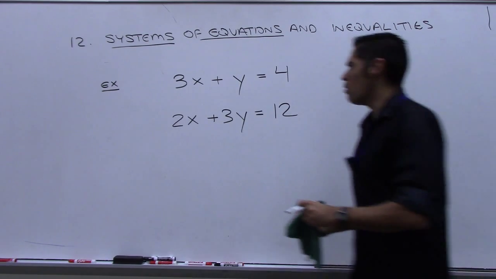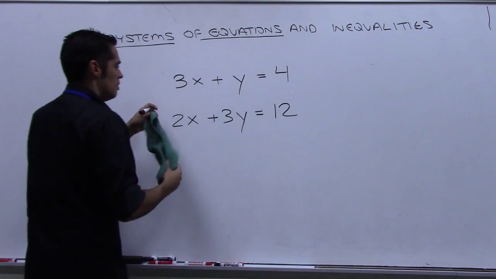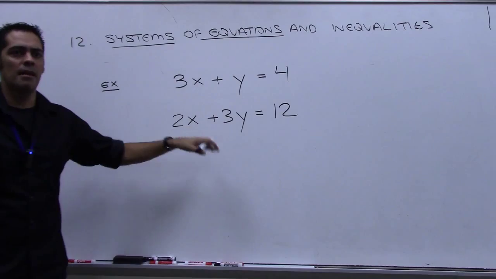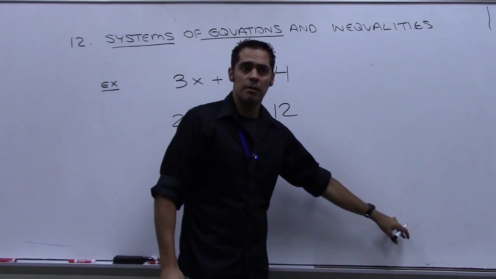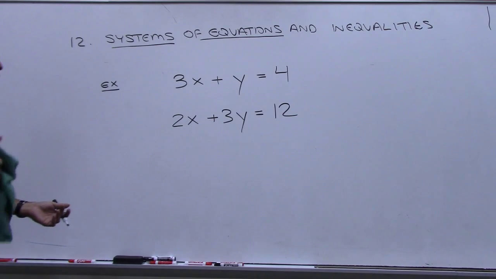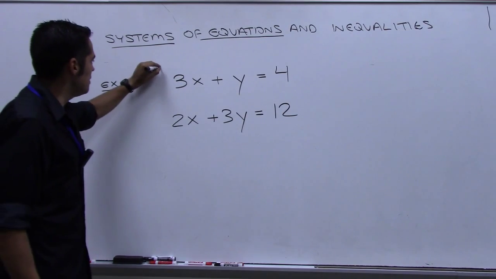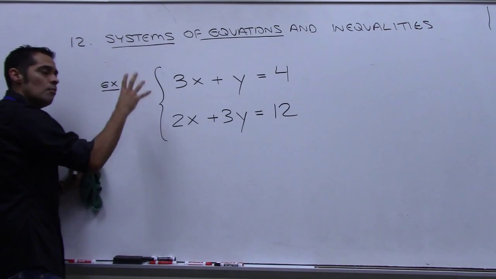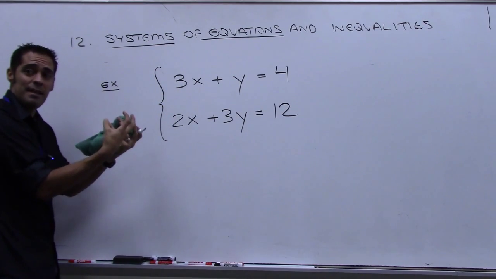If you were to ignore this top equation, we could do the same thing and come up with a bunch of answers, couldn't we? And if we plotted them all, it would be a line. What we're interested in, though, is looking at these together as a system. So we put a brace in front of it to let you know that we want to look at these two equations at the same time.